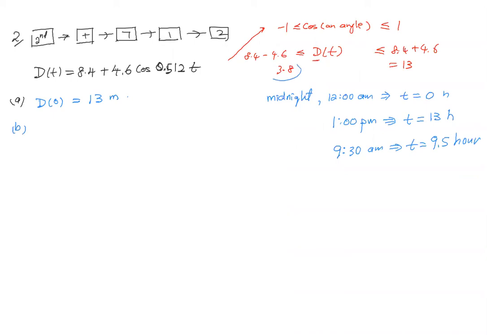So here is the lowest depth. Therefore, the lowest depth is 3.8 meters. You can do this working on one side, it doesn't matter. Next, sketch the graph within 24 hours.